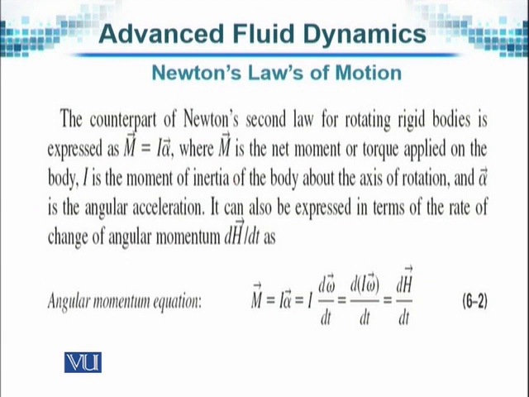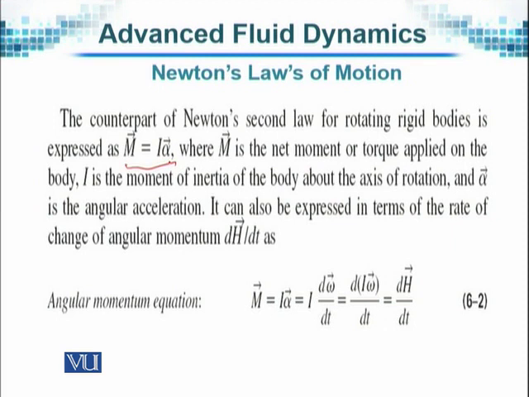The counterpart of Newton's second law of motion for a rigid body can be expressed as M equals I alpha, where M is the net moment or torque. When rotation is taking place, it's not a linear motion, and therefore the notation is slightly different. We use M for the moment or torque for a rotating body, where I is the moment of inertia and alpha is the angular acceleration.